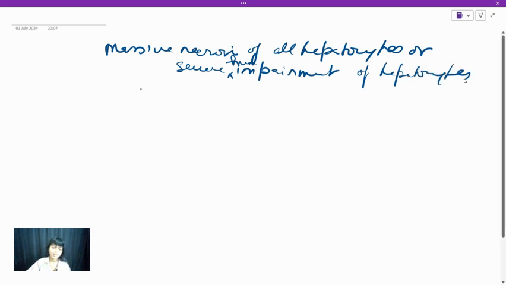So basically, you always get a long question on this particular topic. Generally, short notes are rarely asked, so always you'll be getting a long question, a case based question, right?